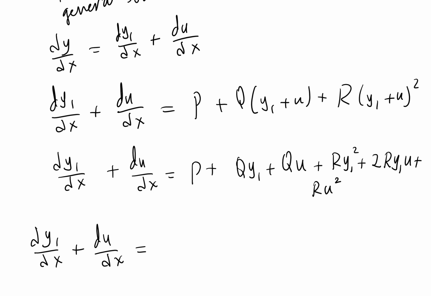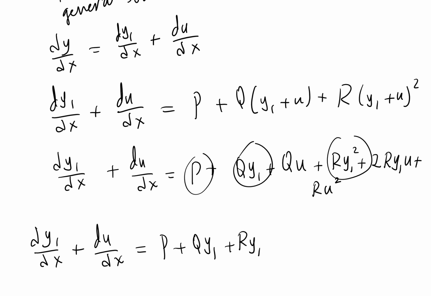For this one, I'm going to group p together with q y1, and this one, r y1 squared, together.